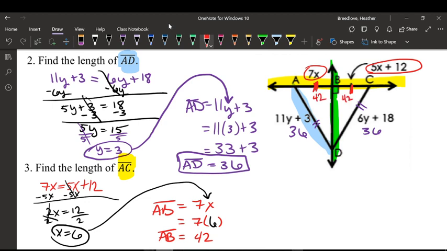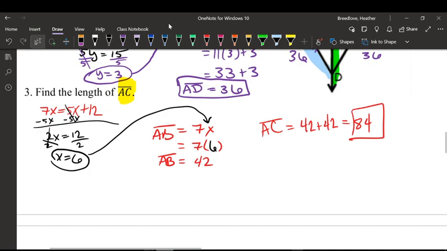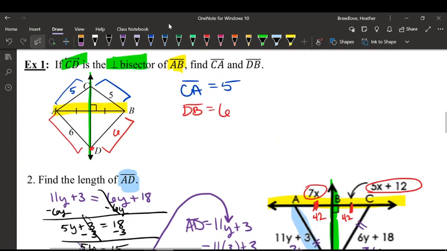So the length of AC is going to be the 42 plus the other 42, so it is 84. So when you're solving on the segment end, be careful. Are you looking for half of it or all of it? The questions may differ. So we're okay with that? Okay.